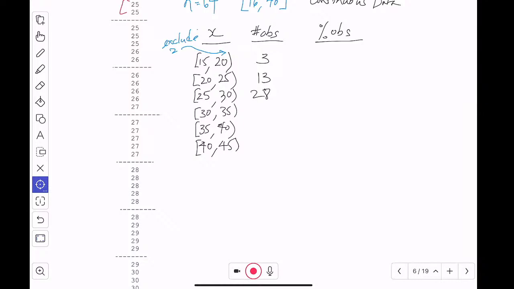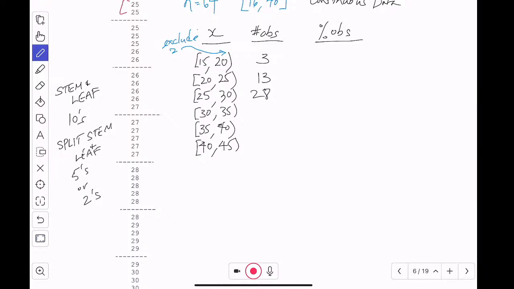In the stem and leaf plot, we usually refer to a stem and leaf that goes by tens, but we call it a split stem and leaf if it goes by 5s or by 2s. When it comes to histograms, I don't know that there's any special terminology, but the guiding principle is make the interval range fit to how many intervals you want.